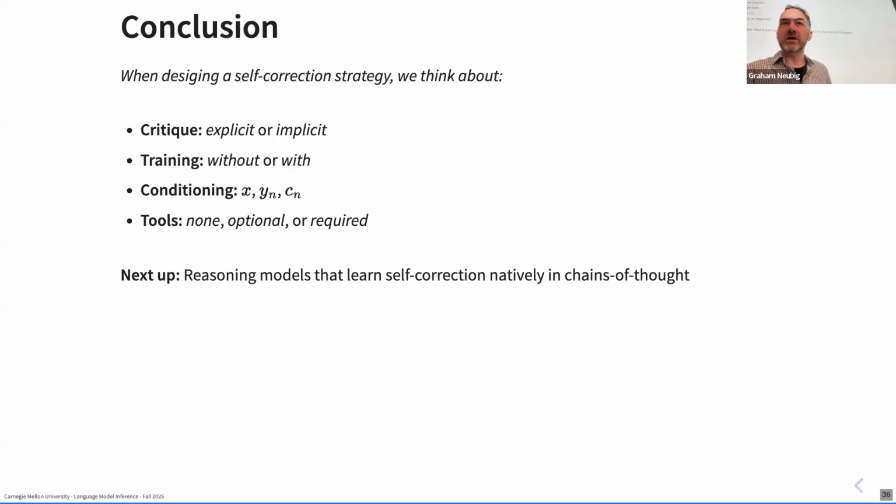Do I want to be training my model to be good at these things? What do I want to condition it on? Do I want to condition it on a chain of thought? Do I want to be doing it on multiple steps? And do I want to be incorporating tools to clarify the outputs in some way? Cool. Any questions before we move on to the student presentations?